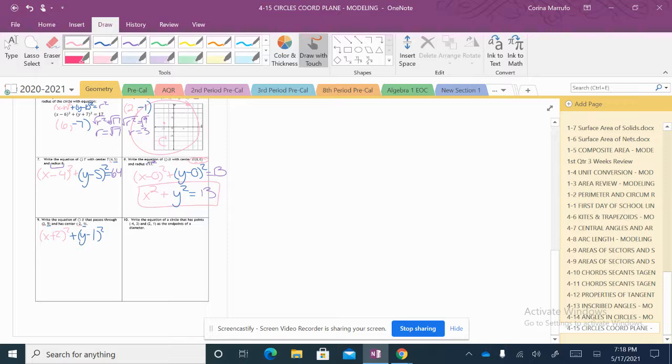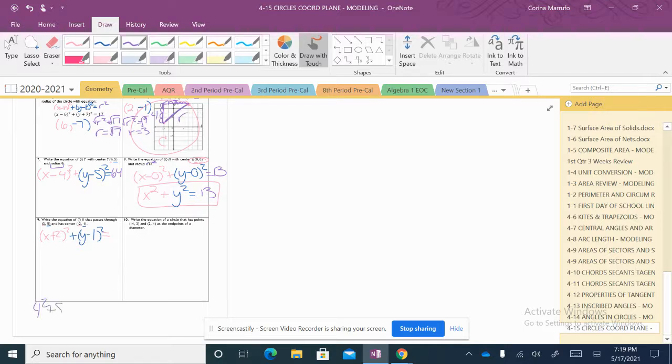So the way we're going to find the radius, that's what we need to find, a radius r, is to count how many spaces it goes up: 1, 2, 3, 4. And to the right, 1, 2, 3, 4, 5. So this is 4 and this is 5. This is a right triangle. So all we have to do to find the radius r is use a squared plus b squared equals c squared.